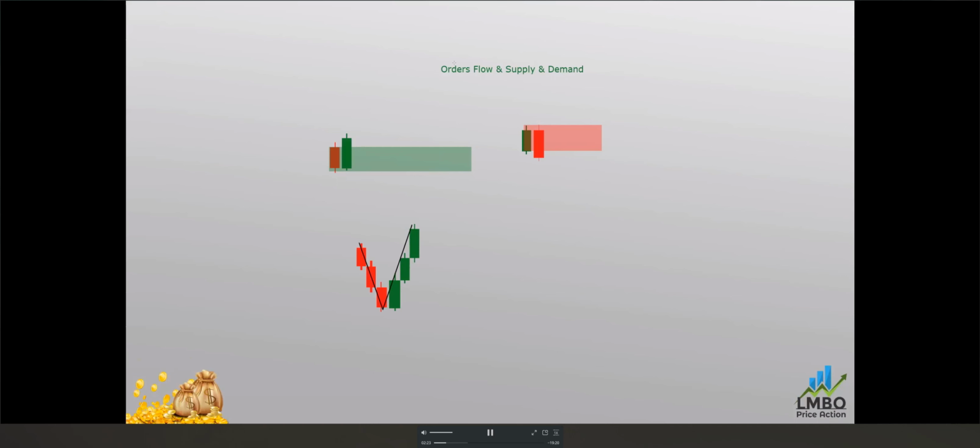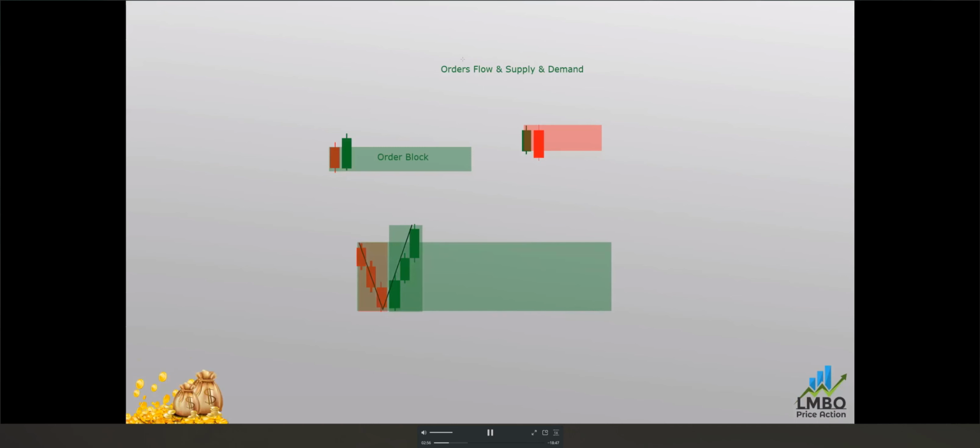If we just draw these candlesticks and combine them all, what you will find is an engulfing. But in an engulfing pattern, in the cluster of candlesticks, the group of candlesticks, if this is the order block, then that will be your order flow.